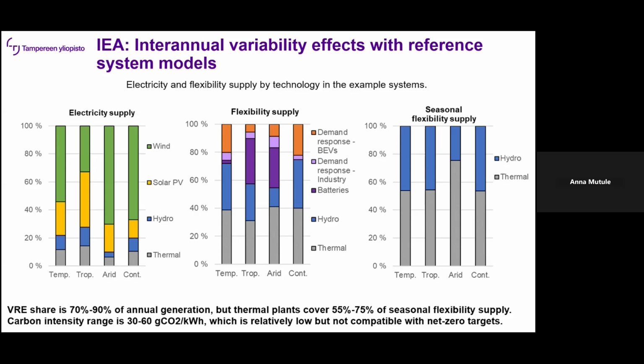However, this reliance on thermal flexibility results in carbon intensity levels between 30 and 60 grams of CO2 per kilowatt hour, which is low by today's standards, but still not compatible with the full net zero target of the European Commission.